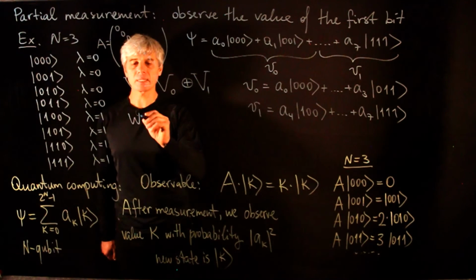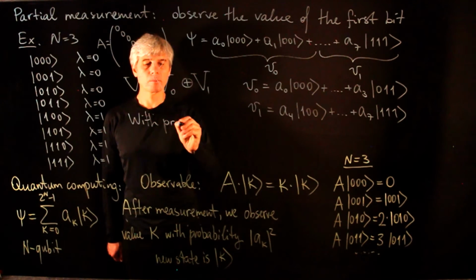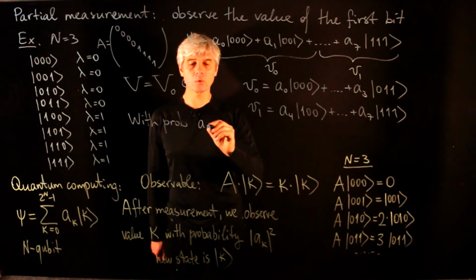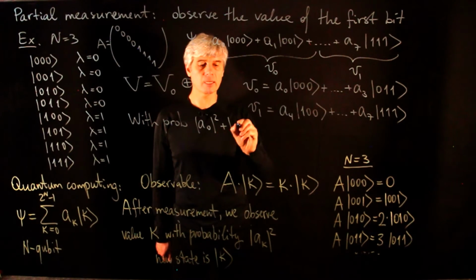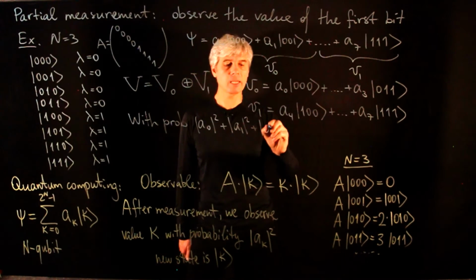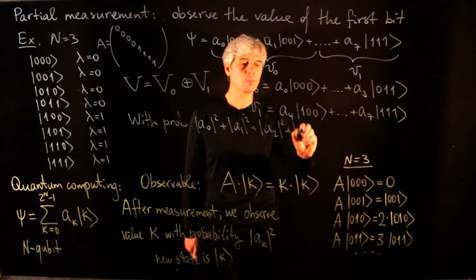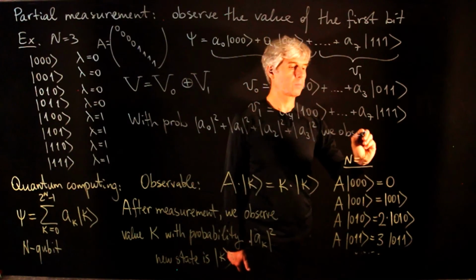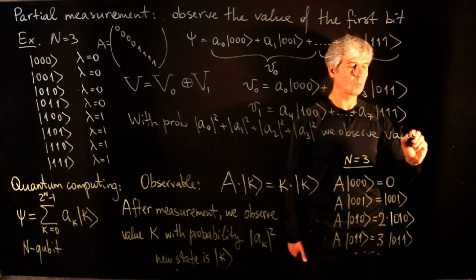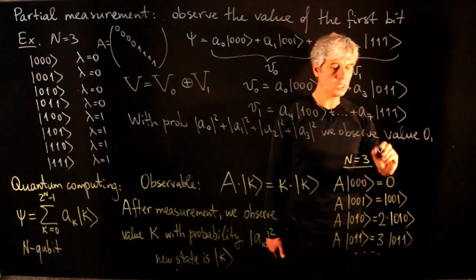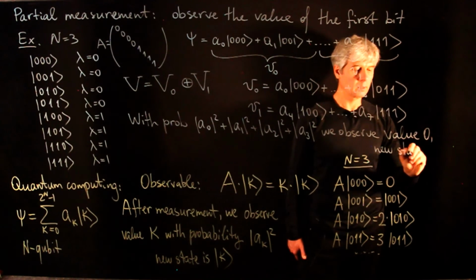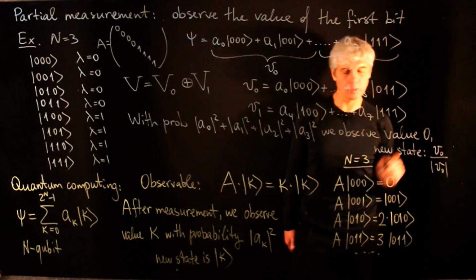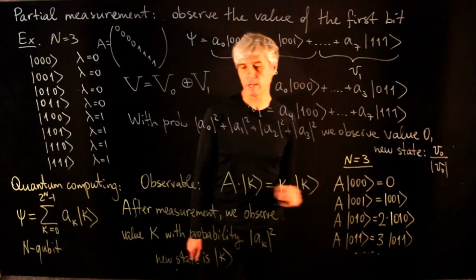So with probability, which is the norm of V0 squared, which is A0 squared plus A1 squared plus A2 squared plus A3 squared, we observe value 0, and the new state will be V0 divided by the norm of V0. So the new state has norm 1.